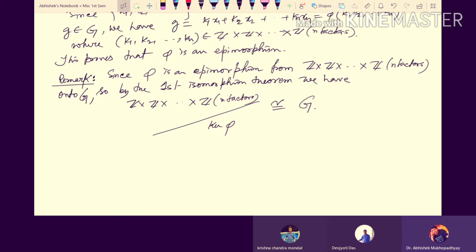That is our main interest. That can be achieved by the previous theorem.